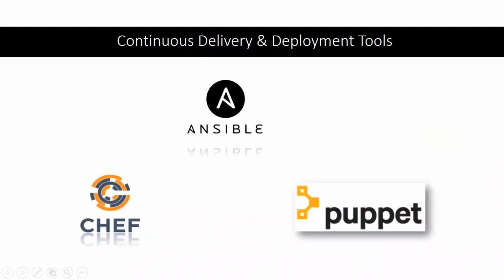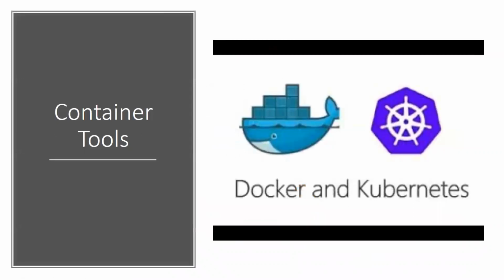For continuous delivery and deployment, we use configuration tools like Chef, Ansible, and Puppet. These are the most popular tools in the DevOps process. Next are Docker and Kubernetes. Docker is an open source tool designed to create small containers on any machine.